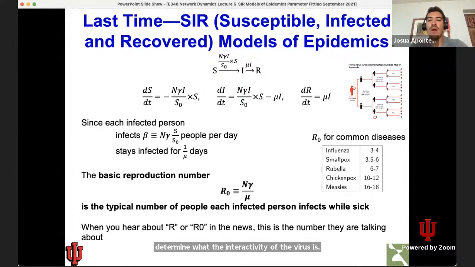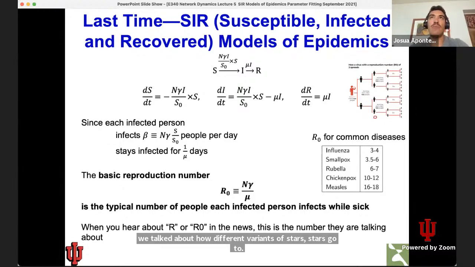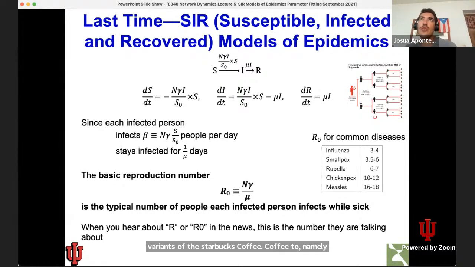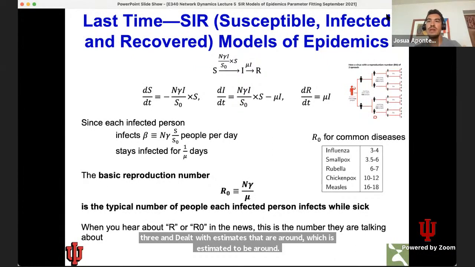And we talked about what the R naught number is for different variants of SARS-CoV-2, namely alpha, which is estimated to be around 3, and delta, which is estimated to be around 10 or so, being just as infectious as chickenpox.